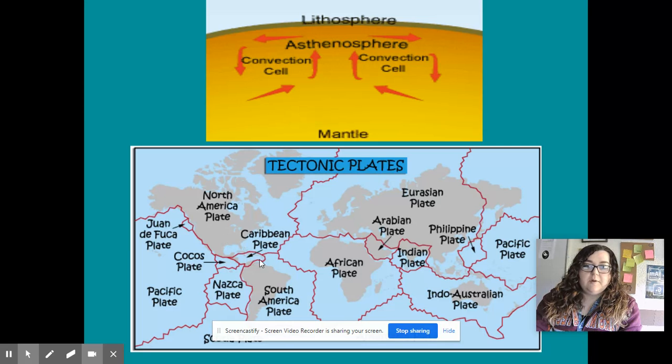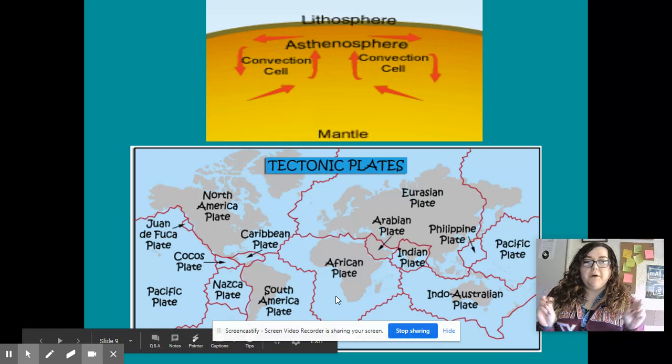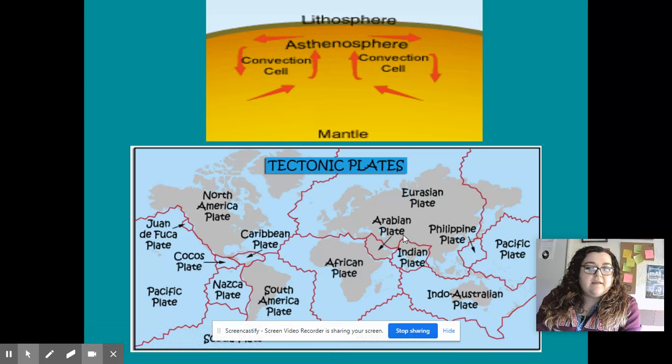There's 2 small plates here, there's another small plate here, but all of these are the big, what we call puzzle pieces almost, that are floating on top of that asthenosphere. So these are the puzzle pieces that move. So right here is where the Himalayan mountains are occurring because all of these plates are moving together.